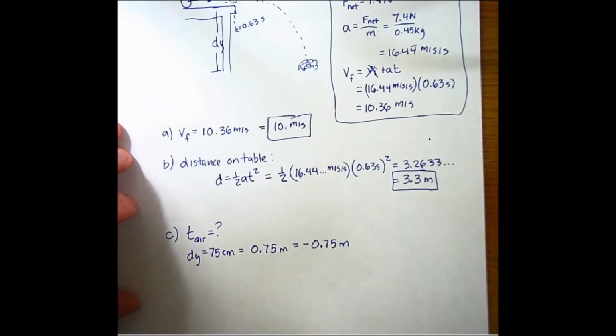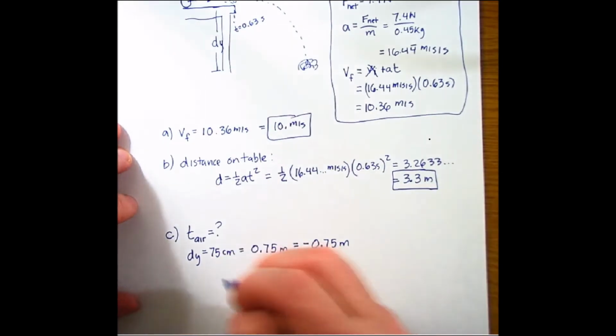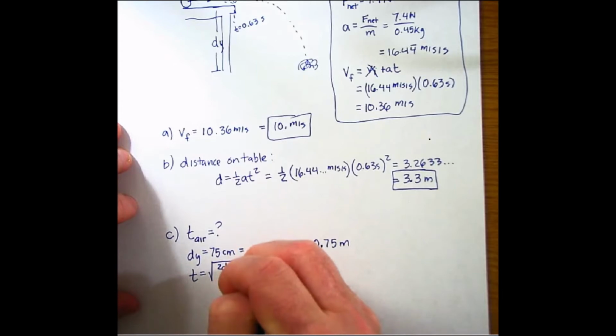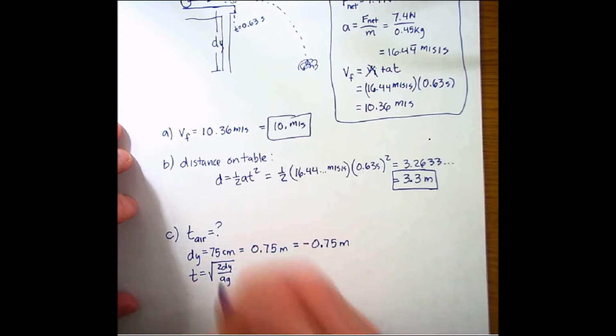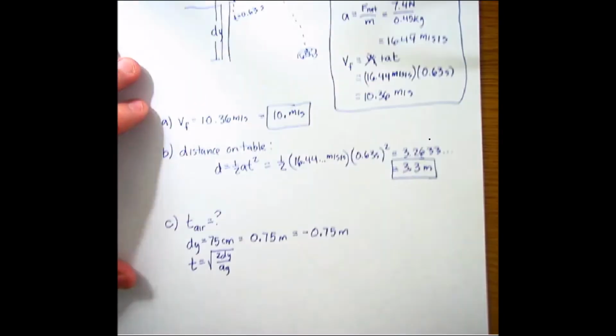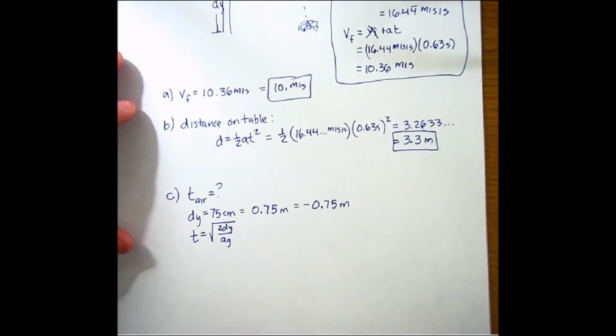Now it's just a matter of me finding the right equation in this scenario, and the kinematics equation that'll apply is the square root of 2 dy over ag. That's the kinematics equation that you use when the initial velocity is 0 in the y direction and when you know the height of the table.